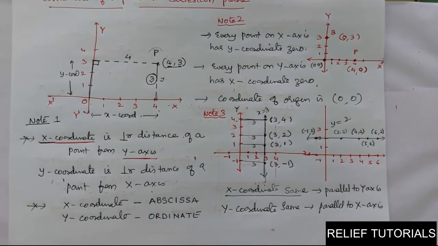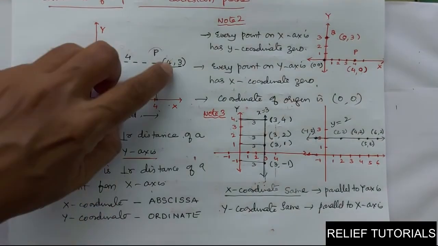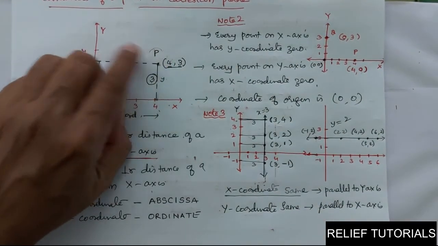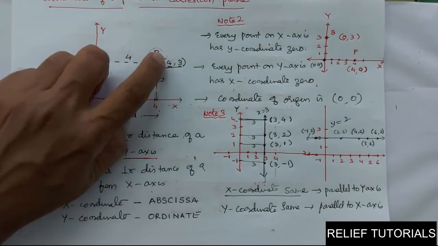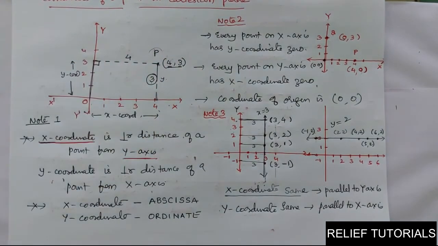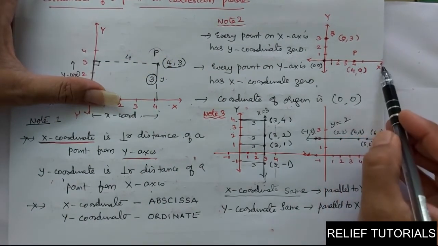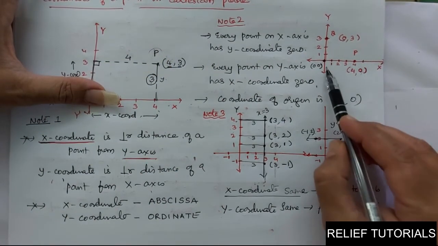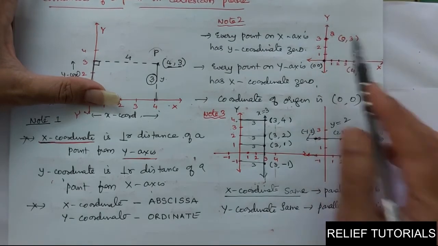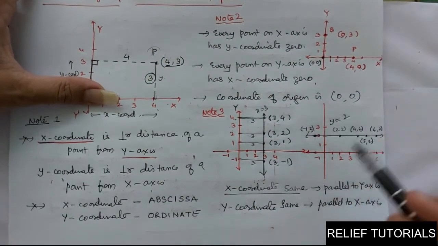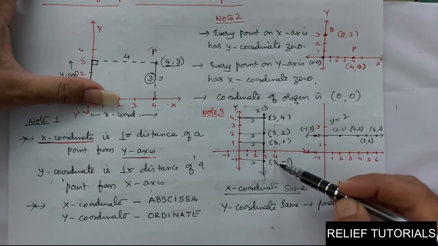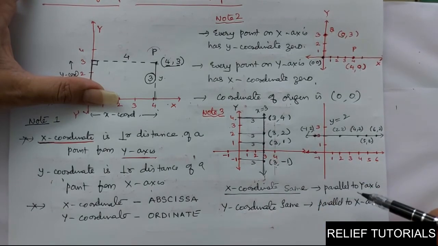Here are 3 important notes. What is the x coordinate? The x coordinate is the perpendicular distance from the y axis. What is the y coordinate? The perpendicular distance from the x axis. Clear? Second note: every point on the x axis has y coordinate 0, and every point on the y axis has x coordinate 0. Third, if the x coordinates of 2 or more points are the same, then that line is parallel to the y axis.